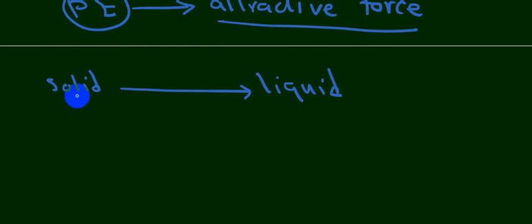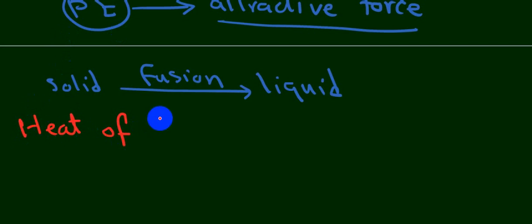Because the change from solid to liquid is called fusion. The amount of heat or quantity of heat needed to change 1 kilogram of solid into a liquid is called heat of fusion.